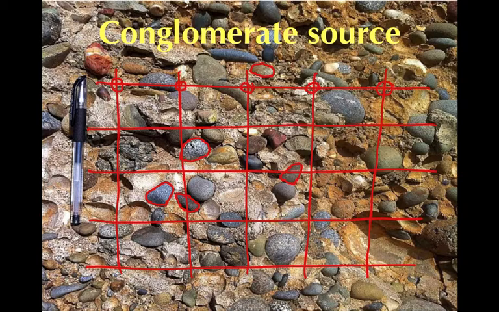Depending on how accurate and precise you want to be, you might count 100 clasts, you might count 1,000 clasts, and this would give you a very good sense of what the composition of the conglomerate is. We'd have a very good idea of the relative proportions of each type of clast that make up the conglomerate, and this is going to give us a good idea of the nature of the source.